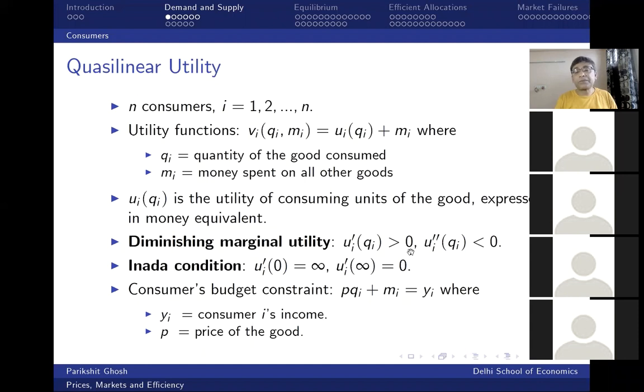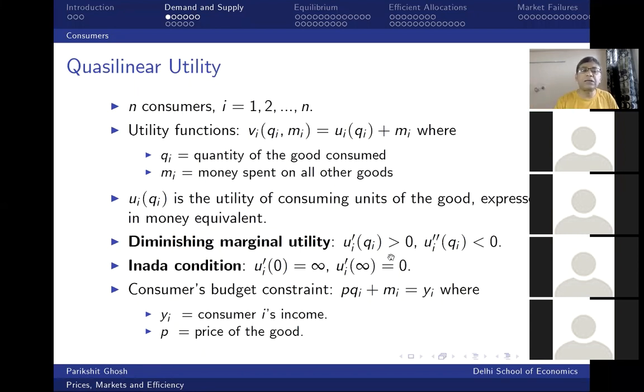Now, we may also want to impose a sign on the second derivative, and we'll impose the negative sign. What does that mean? That means that as I get to consume more and more bread, of course, my utility goes up, or my willingness to pay goes up, right? But at a rate which is getting smaller and smaller, right?